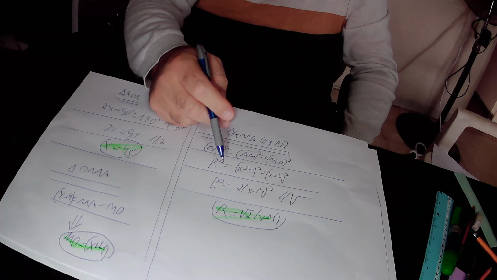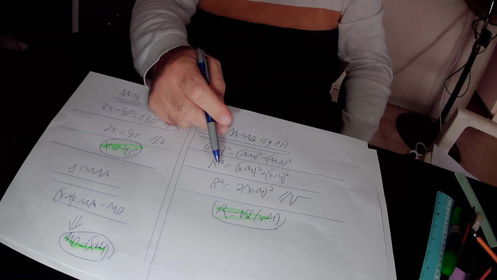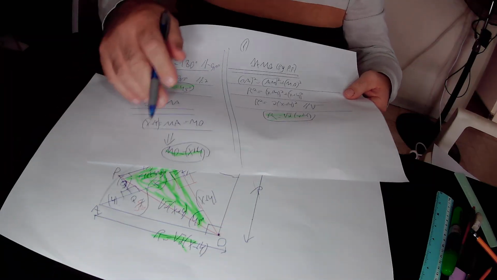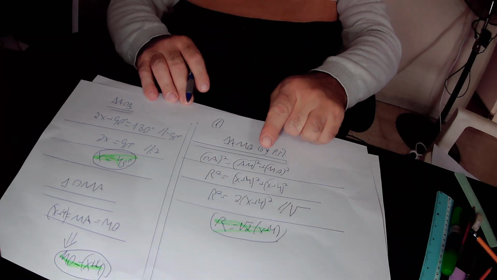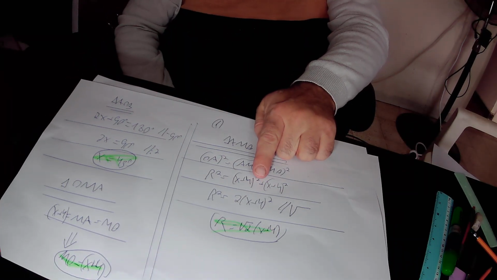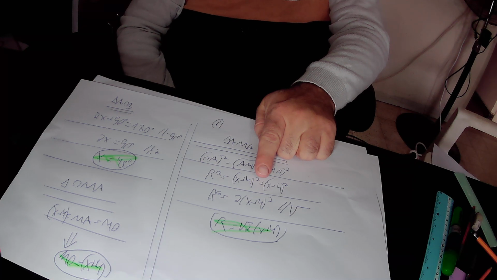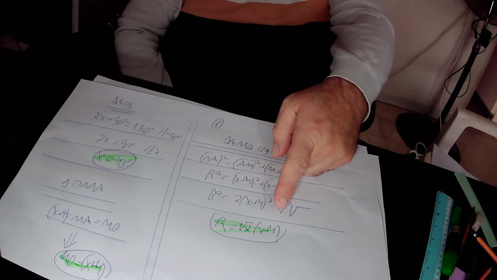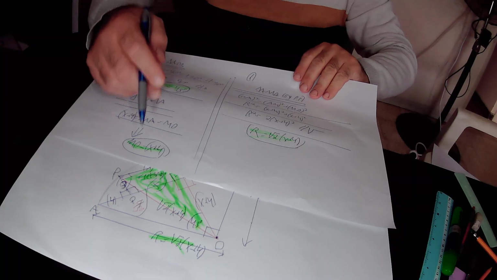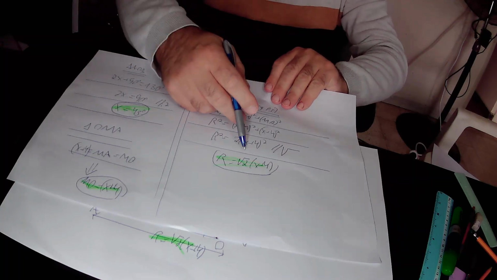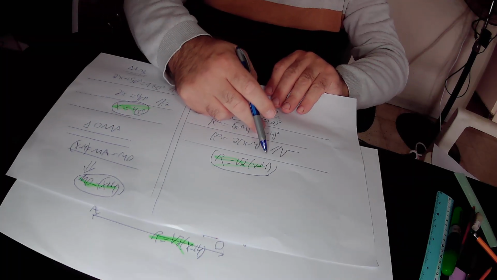Taking the square root, we find that the radius R of this quarter circle equals the square root of 2 times the square root of x plus 4 squared, which is x plus 4. So in total, the radius R of this quarter circle equals the square root of 2 times x plus 4 units.